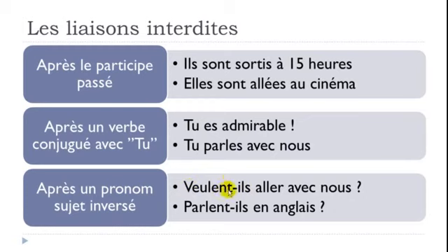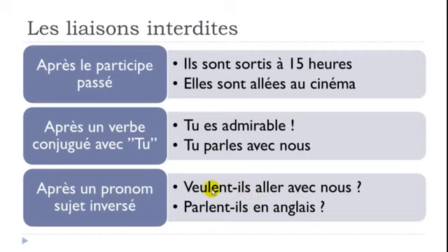So, veulent-ils. It should go like that. And then if you've got something after, like here, aller avec nous, it could be possible if you think about that. We've got an S here, and then a vowel after. But then the rule goes like that.